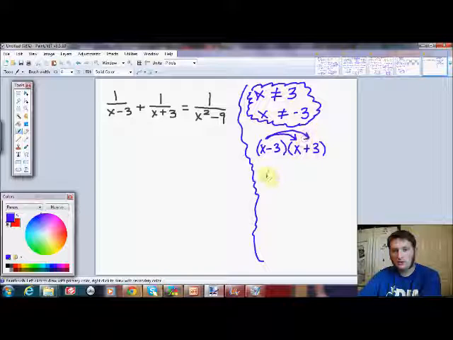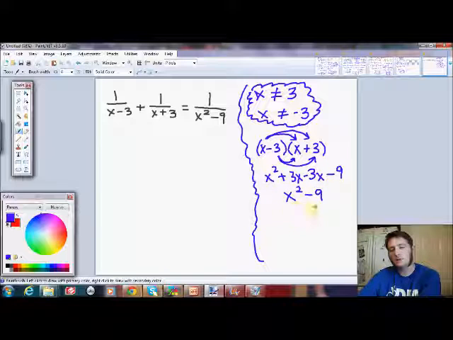Distribute these together, you get x squared plus 3x minus 3x minus 9. Well, these cancel and you're left with just x squared minus 9.